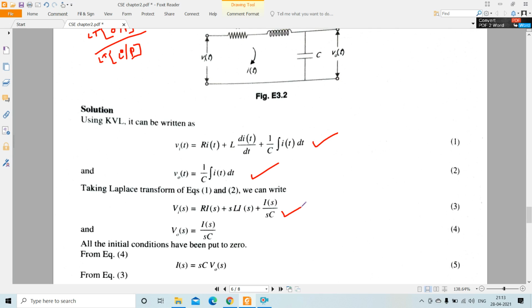This is the Laplace transform of equation 1, and V0(s) is equal to I(s)/sC. This is the Laplace transform of equation 2.